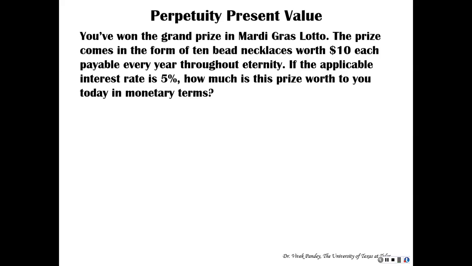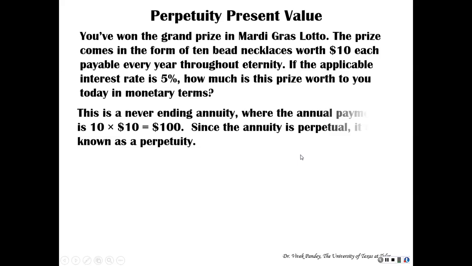And you withdraw the 100, leave the 2,000, and a year later you have 2,100 again because of interest. Withdraw the 100, leave the 2,000, and as long as interest rate is 5%, you can keep on doing that forever, right? We call this kind of annuity a perpetuity, right? It's a perpetual annuity. So we got $100 payment forever.